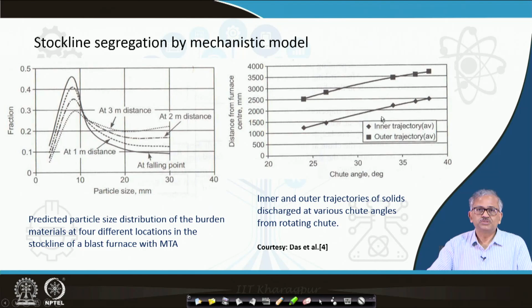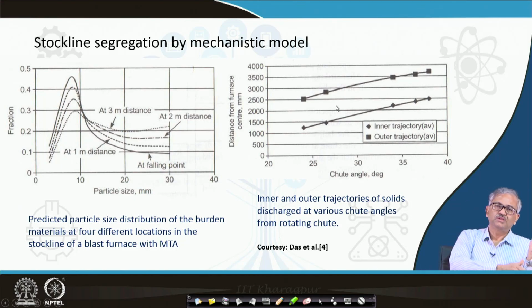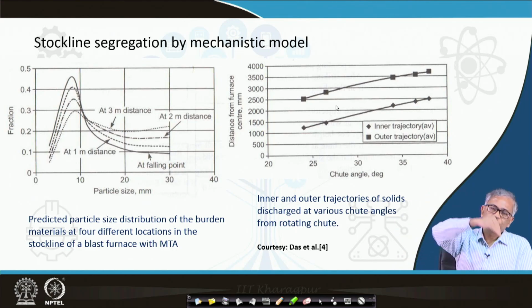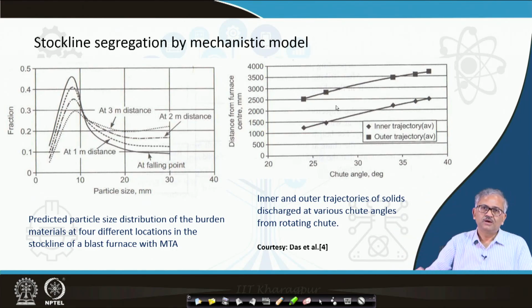So the Coriolis force, along with the drag and the inertial force. And finally, when the particles fall, they are also under the action of inertial force generated from the chute, and then gravitational force as well as drag force. So finally, the projectile falls on the point of impact on the stock line.